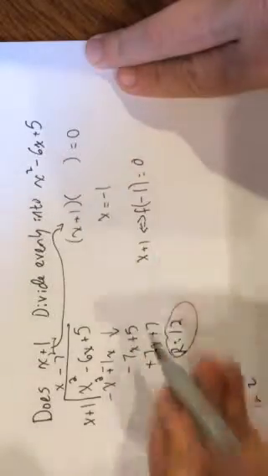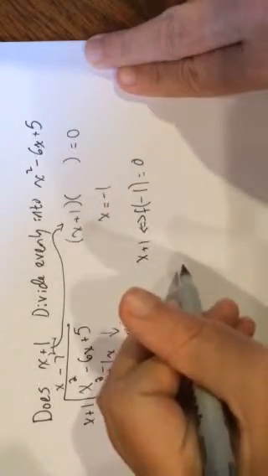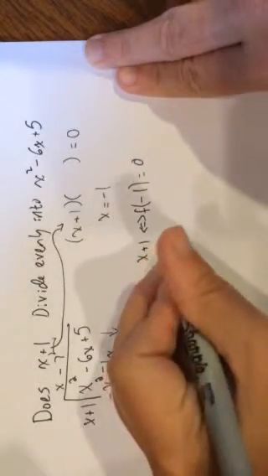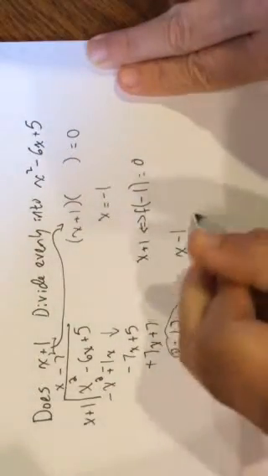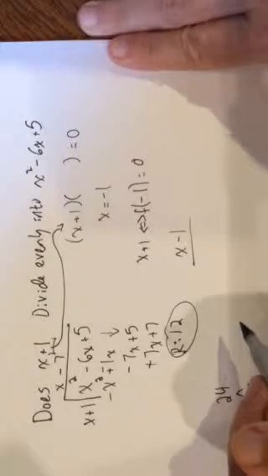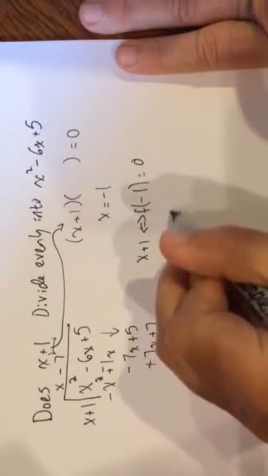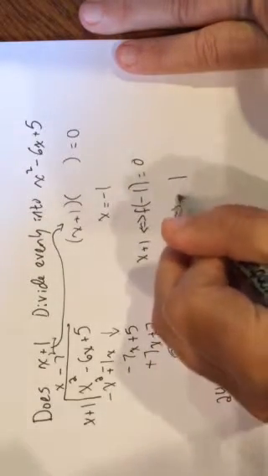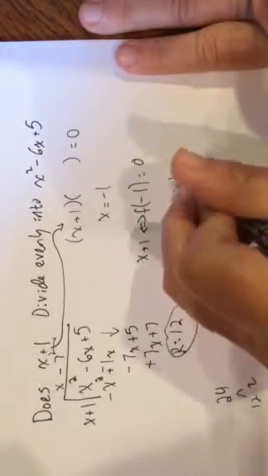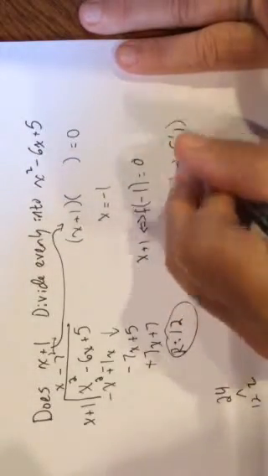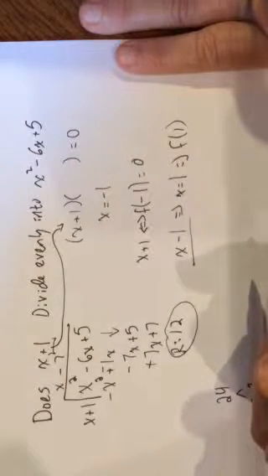So say this one we already know doesn't, but say I wanted to know if x minus 1 divided evenly into this. So I want to know if x minus 1 does this time. Then I would say that's the same thing as subbing in x equals 1, so f of 1, and seeing if that actually equals 0.